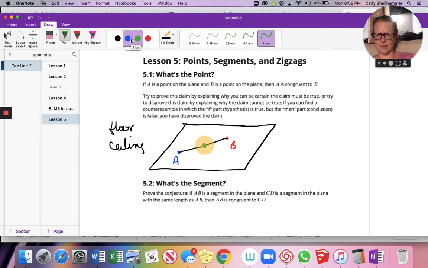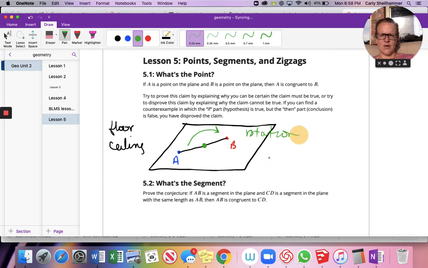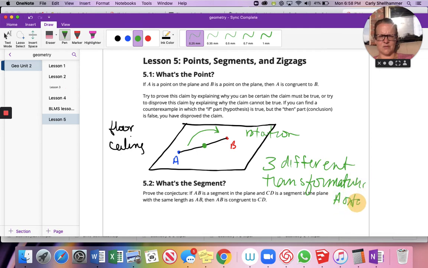I can do a rotation. So 3 different transformations take A onto B. Therefore, yes, A is congruent to B because of rigid motion, okay?